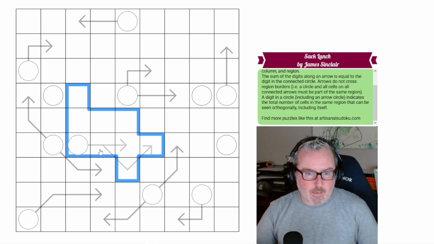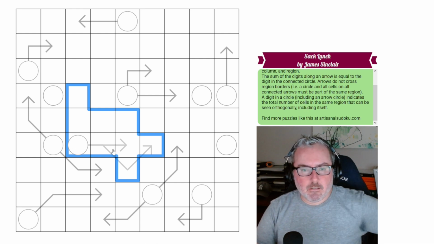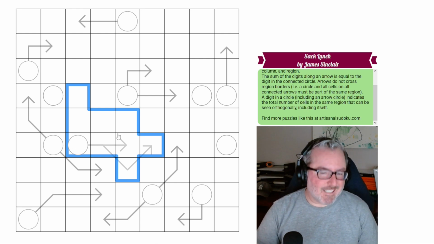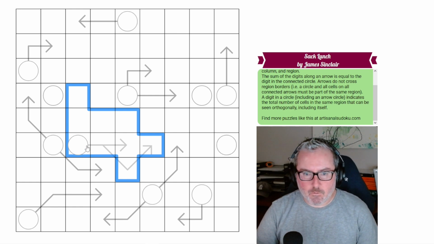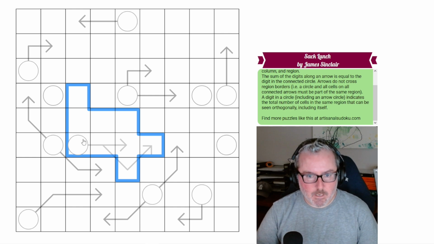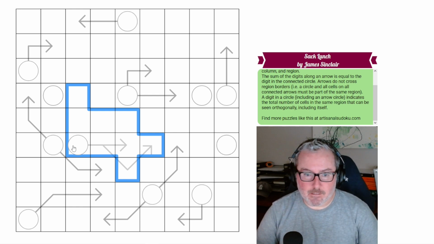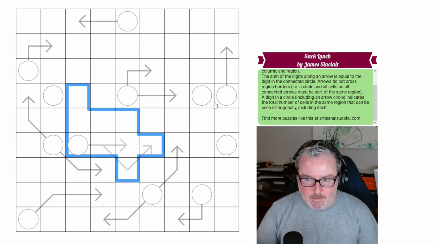That, let's say, is the grouping that this arrow region is in. This circle will be able to then, therefore, orthogonally be able to see 1, 2, 3, 4, 5, 6 different cells, and that is including itself. So therefore, the value that went into this thing would have to be a 6. So that's how that works.